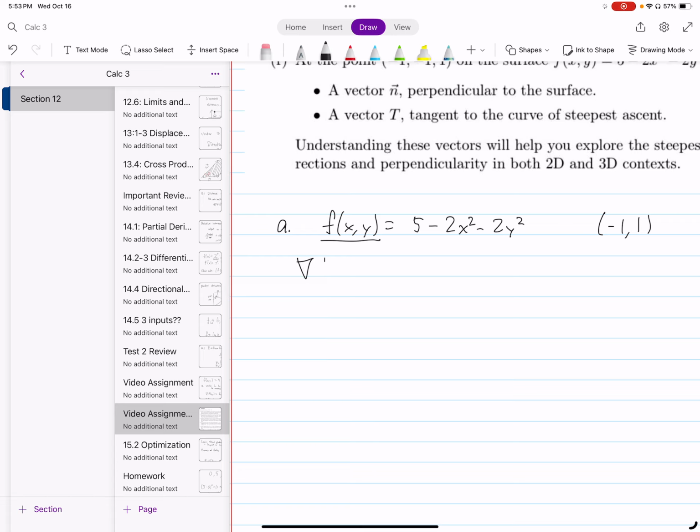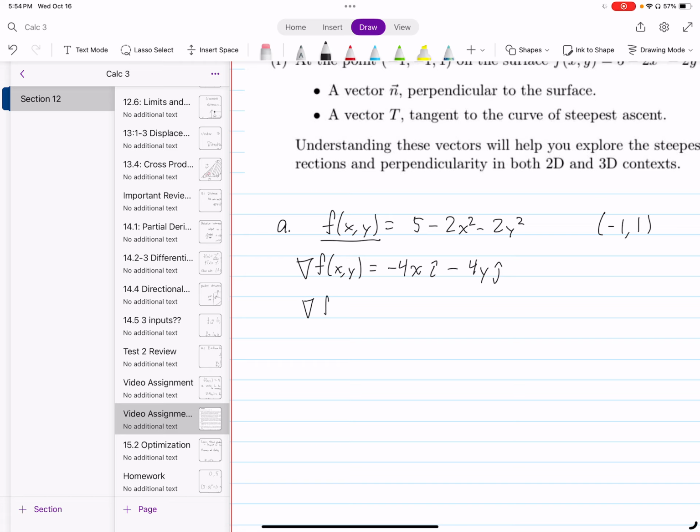So the gradient will be the partial derivative with respect to x, so negative 4x, multiplied by the vector component corresponding to that, and then also add the partial derivative with respect to y times the vector component of y. And they want us to find this at the point negative 1 comma 1.